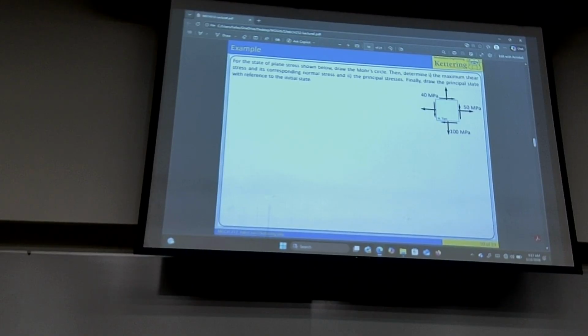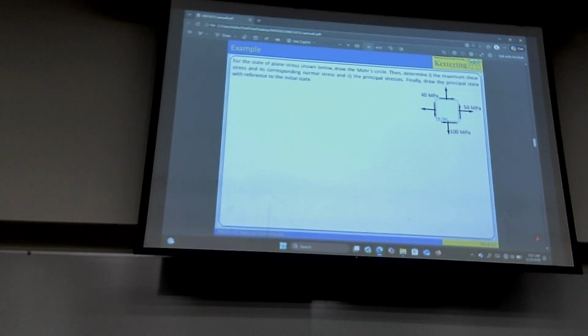All right, we had that, and then I moved to Mohr's circle. Speaking of Mohr's circle, the center of the circle, what symbol did we give it? Sigma average.